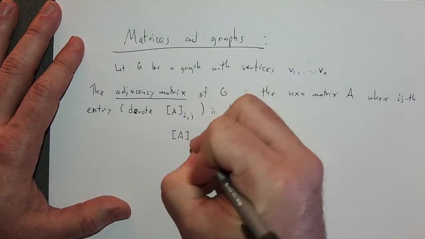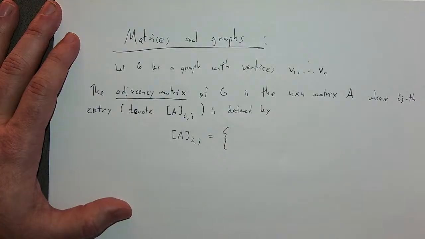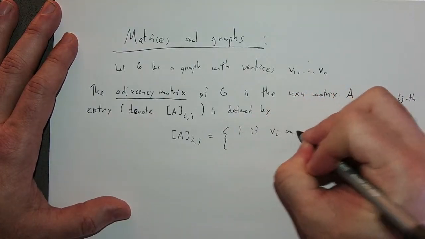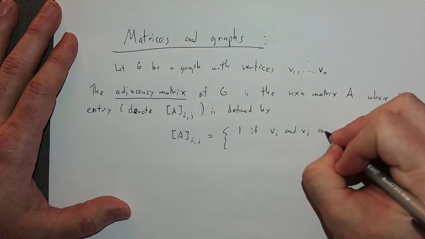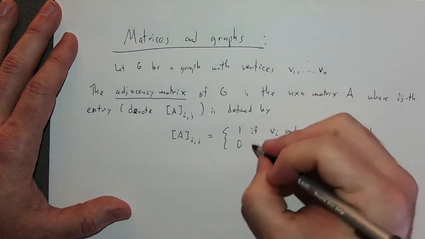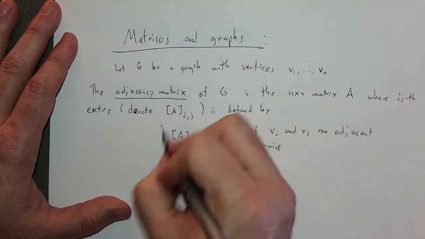Its ijth entry, that is the entry in the ith row, jth column, is 1 if vi and vj are adjacent, and 0 otherwise. Most computer-friendly thing possible, right?